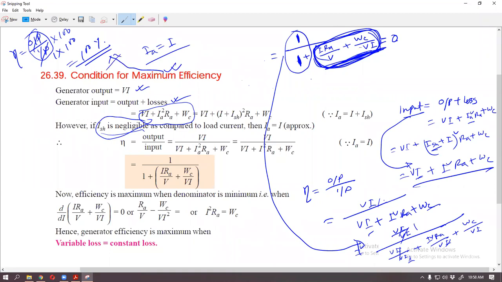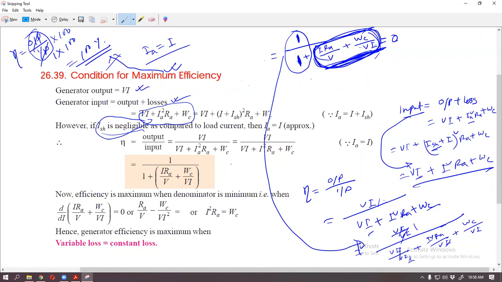If both are equal to 0, then your efficiency is 1 by 1, 100%. Now we proved this is equal to 0.